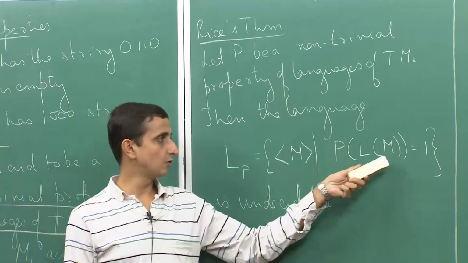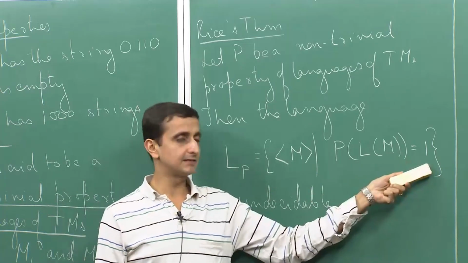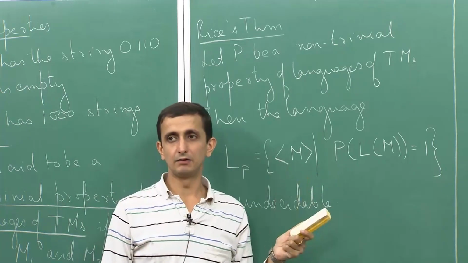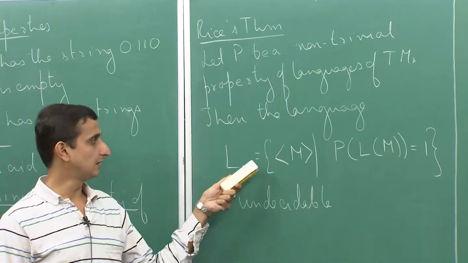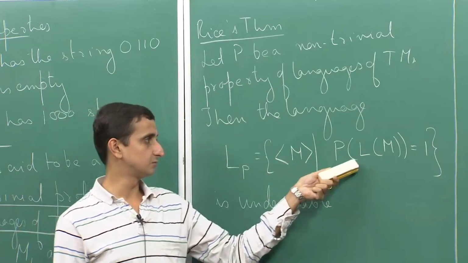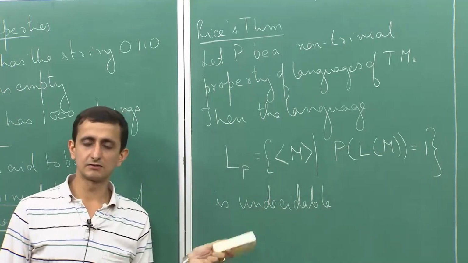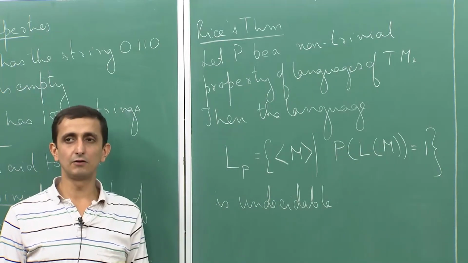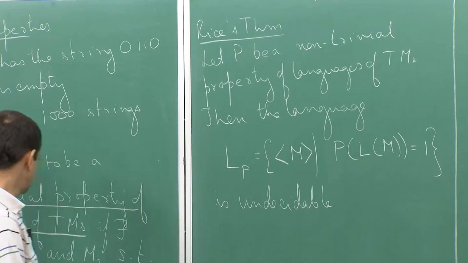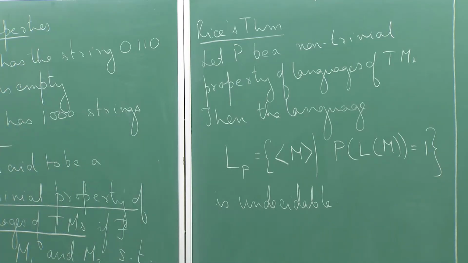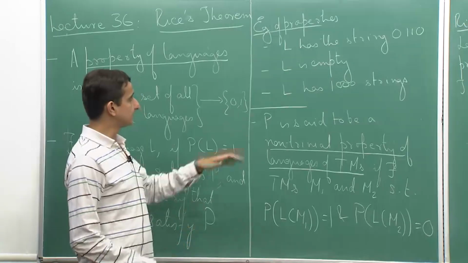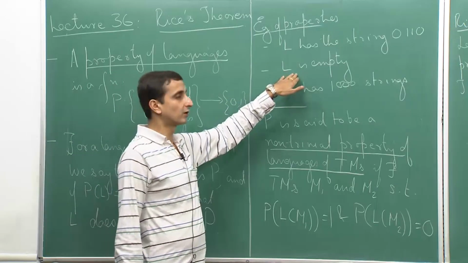So, if we have a non-trivial property of languages of Turing machines, then the language of encodings of Turing machines whose language satisfies the property is undecidable, which also means that the language of encodings of machines whose language does not satisfy the property is also undecidable, because decidable problems are closed under complement. We had actually already proven a case of this.